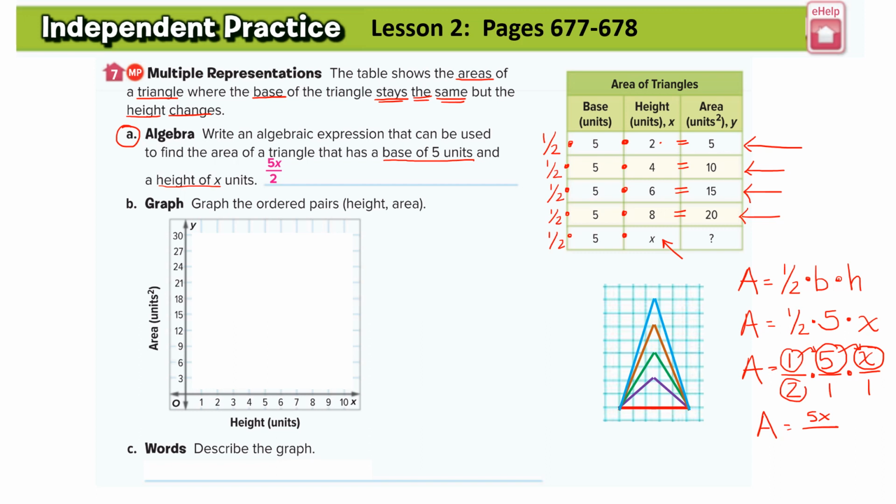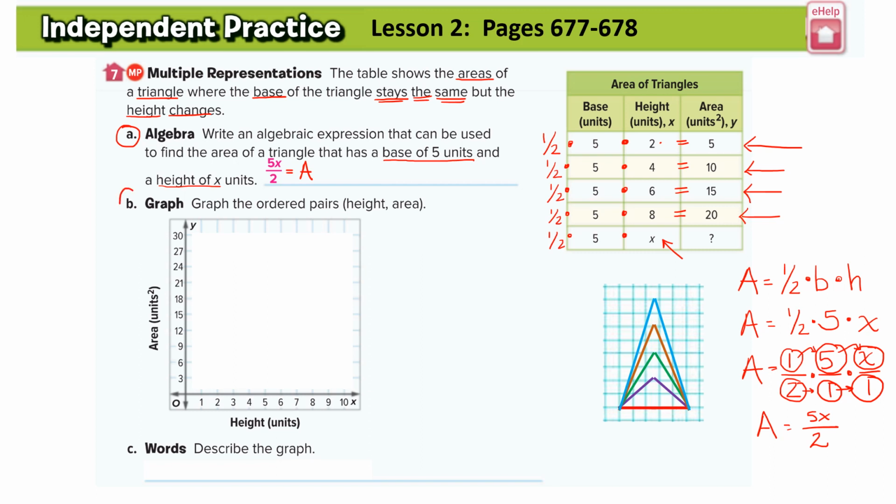Now I have 2 times 1 equals 2. So this is how they got 5x over 2. Now I would also put units, but they're just having you write the answer.